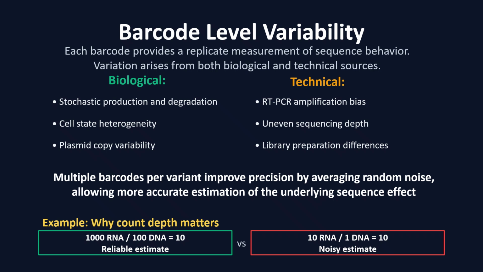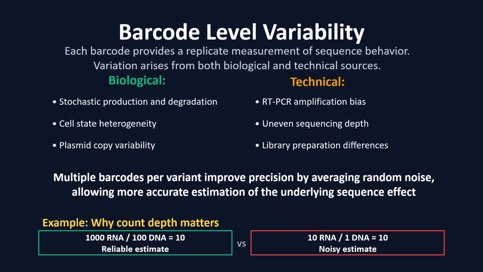And then you have technical processes. They also add noise. PCR amplification can preferentially expand some molecules, and this is actually called PCR jackpotting. And then again, sequencing depth is also not perfectly uniform. And maybe library preparation may shift barcode representation.